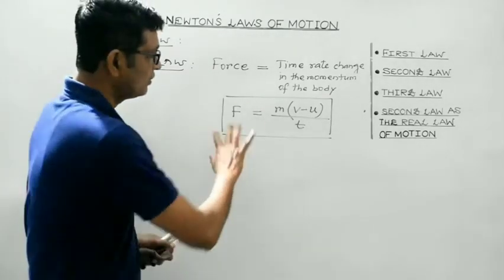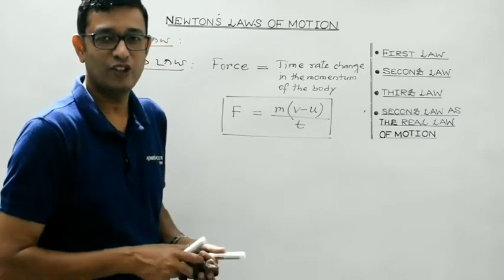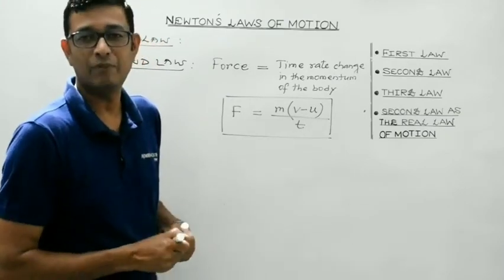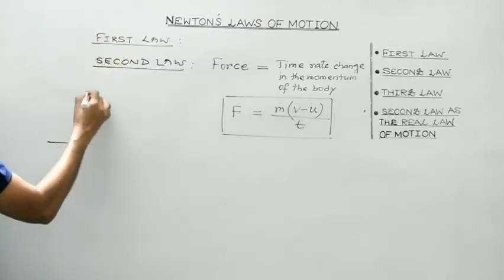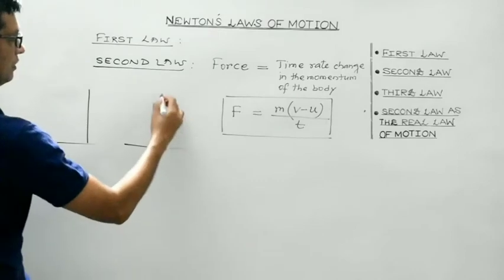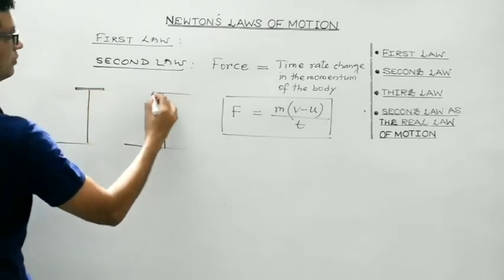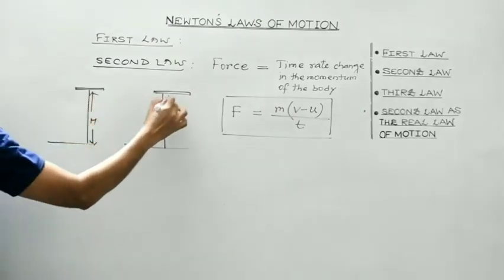Now using this mathematical expression, there are various applications of Newton's second law. I'll give some very interesting applications. For example, this is a building and this is the roof, and the same building, so it will be of the same height.